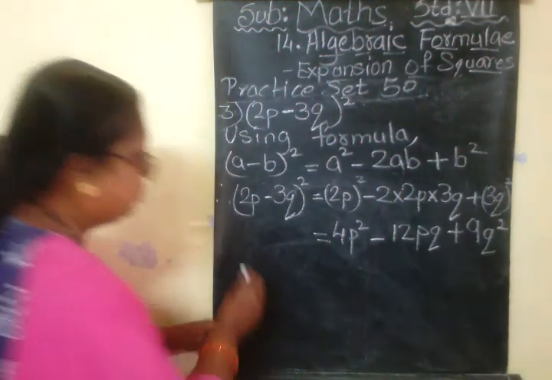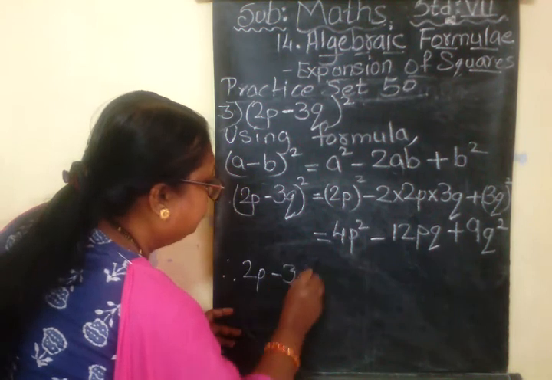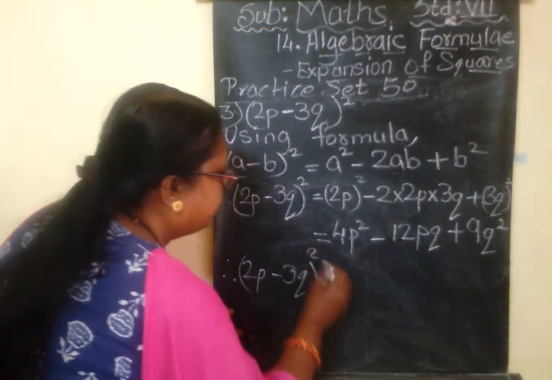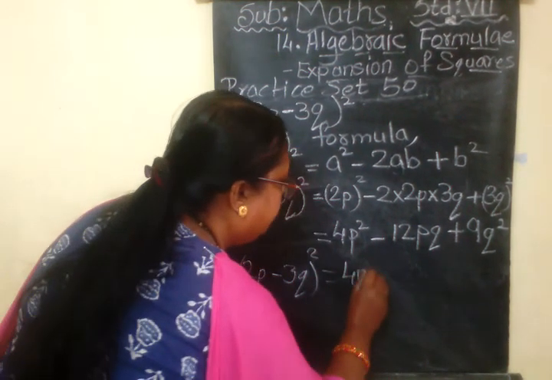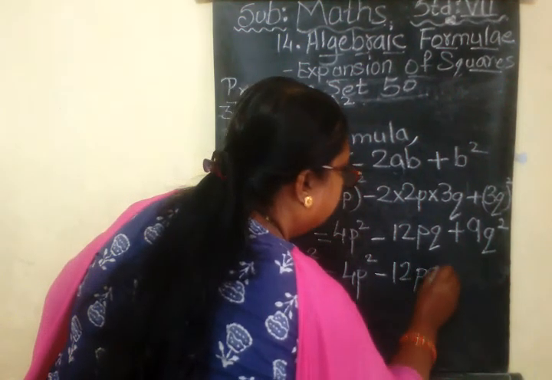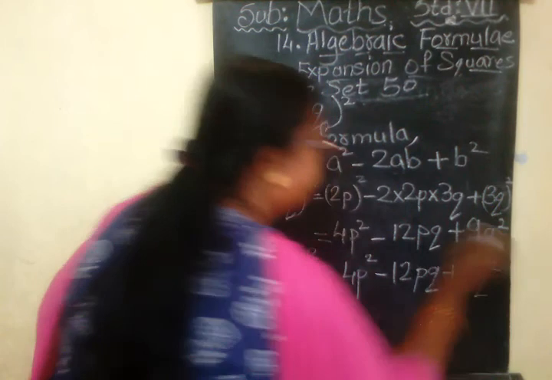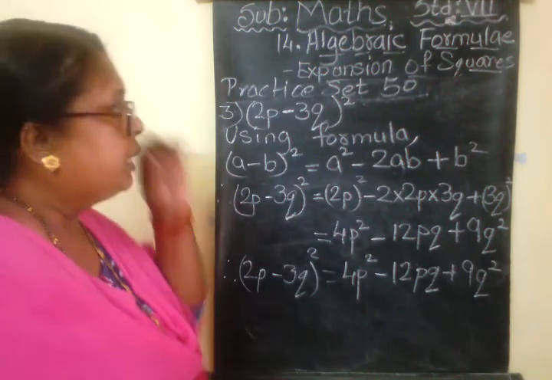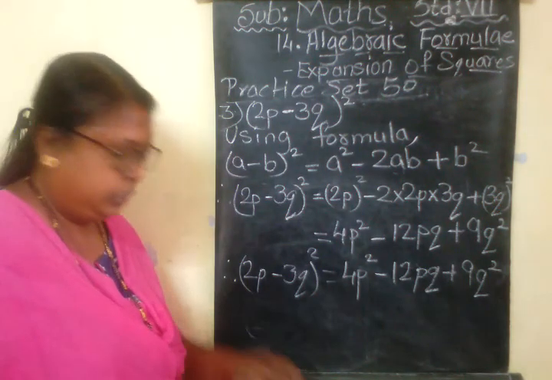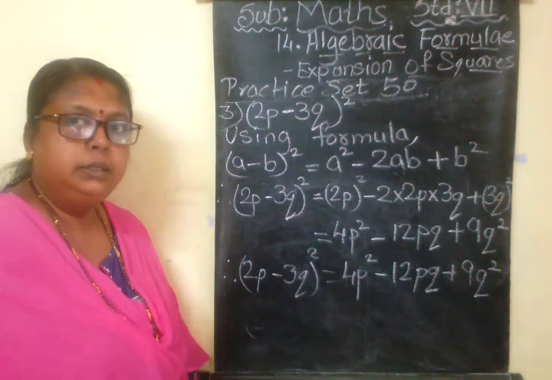This is your expansion. So therefore 2p minus 3q the whole square is equal to 4p square minus 12pq plus 9q square. This is your third answer. Very simple, children. You have to only use the formula and get the answer. Done.